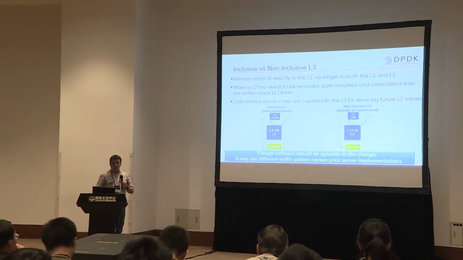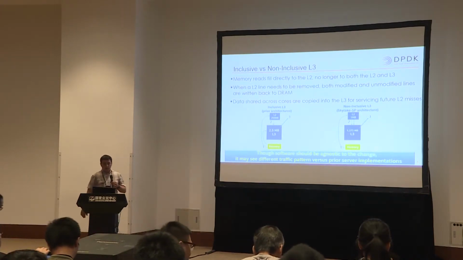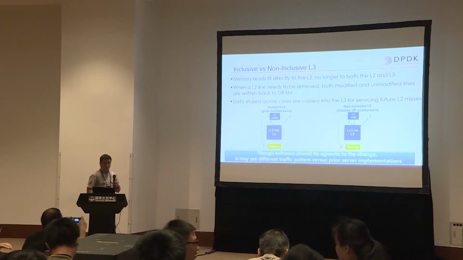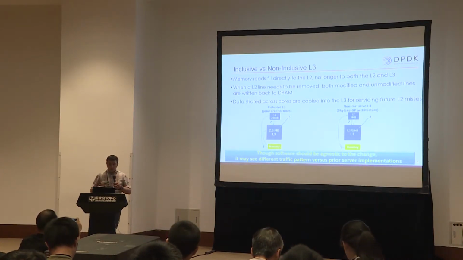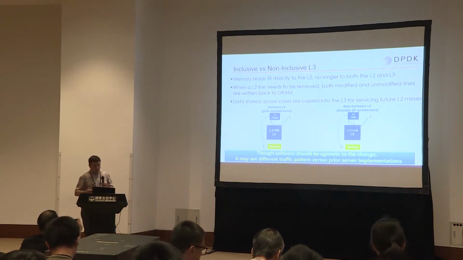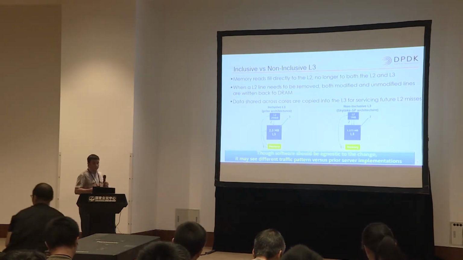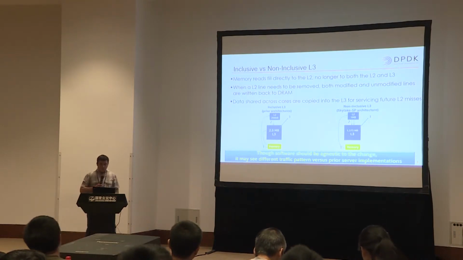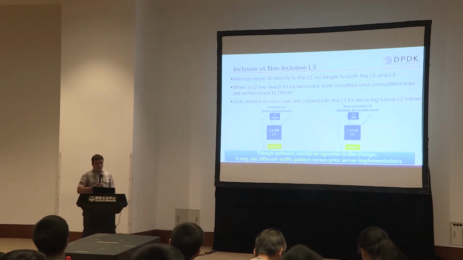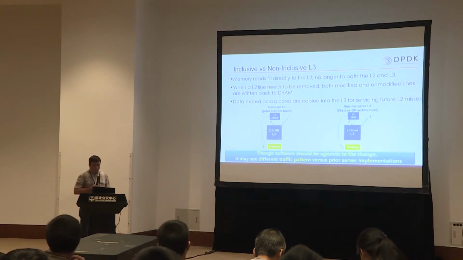Okay, so another major change is that LLC becomes non-inclusive on the Xeon Scalable family. This means that the data that resides in the L1 or L2 caches doesn't necessarily reside in the LLC. So when a piece of data is fetched from system memory, the data will be put in the L1 and L2.